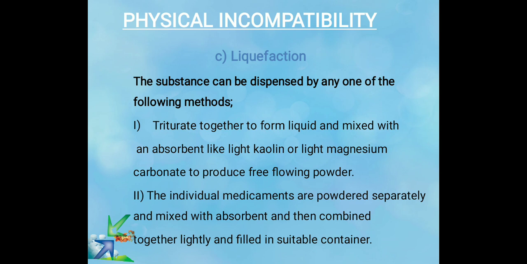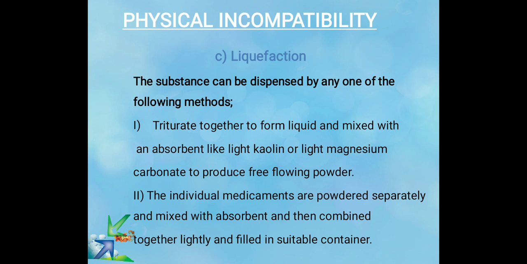Or the second way is that the individual medicaments which are causing a reaction are powdered separately and mixed with absorbent material, and then they are combined together lightly and filled in a suitable container. So this is the way of dispensing the eutectic type of substances.